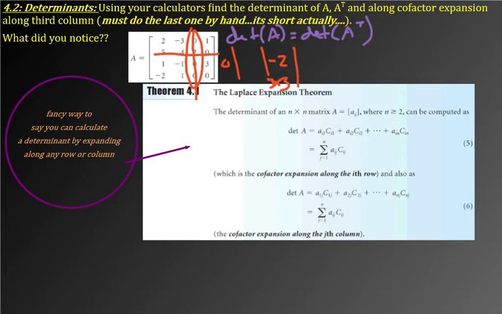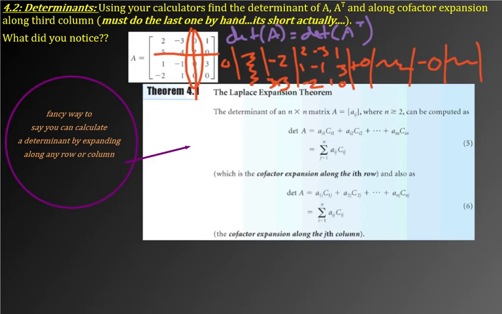If I blank these out, I have minus 2 times the determinant of 2, negative 3, 1, 1, negative 1, 3, negative 2, 1, 0. And then I would have plus 0 times something, and then minus 0 times the determinant of something else.